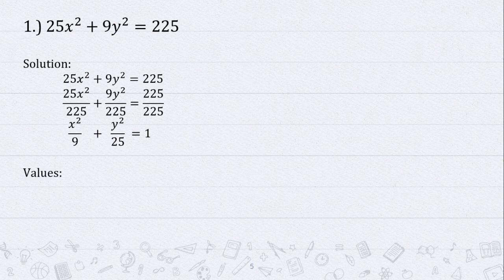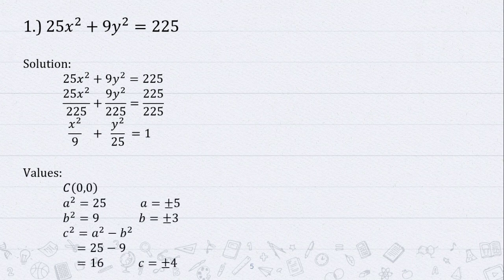From this, we can now get our values. We have here our center is at 0, 0. Our a squared is our bigger denominator, which is 25. So square root of 25 is equal to plus or minus 5. Our b squared is our smaller denominator, which is 9.